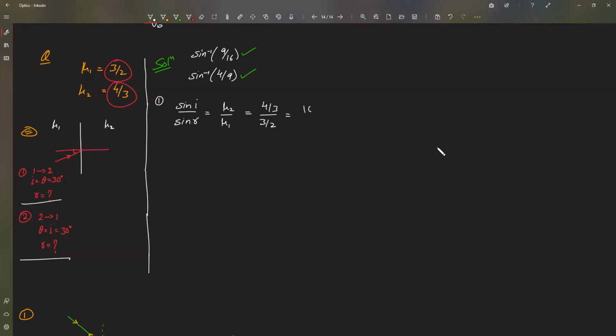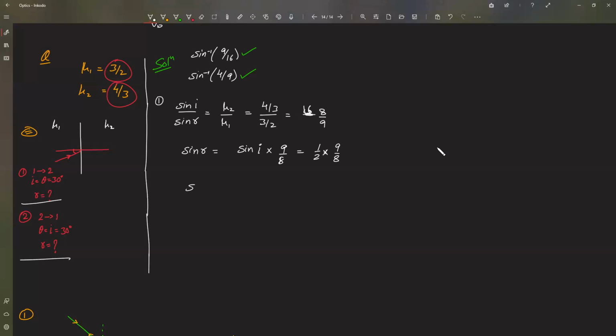Sorry, that is 8 by 9. And then you have to multiply to find sine r. So sine r will be equal to sine i into 9 by 8, and i is equal to 30 degree, so that is 1 by 2 into 9 by 8, since sine 30 is half.